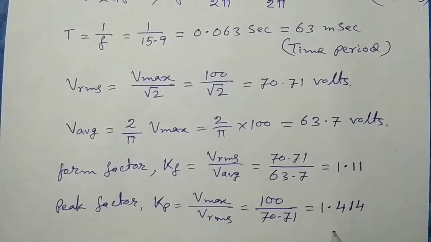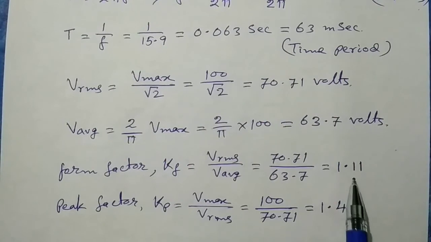So this is our final answer. As you can see that the form factor and peak factor is constant for a purely sinusoidal waveform, that we have already seen when we analyze a purely symmetrical sinusoidal waveform. Okay, thank you.